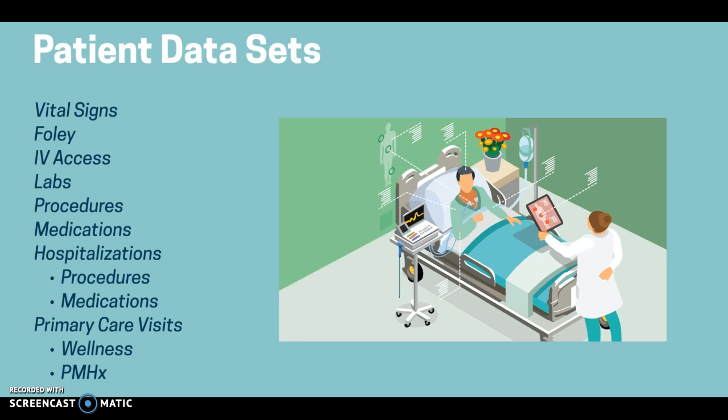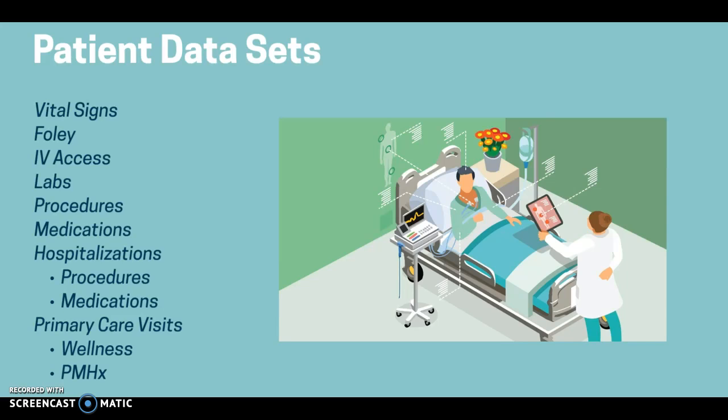Could be if they have a Foley or any tubes or drains, airways, what type of IV access they have, what labs have been run, what procedures they have had either current or in the past, what medications they are on, have they been hospitalized before? All these data sets start to tie together, right? So that the primary care provider, who's the main player, shall we say, in the use of all this data, can drive their decisions to make sure the patient is safe and optimally healthy.